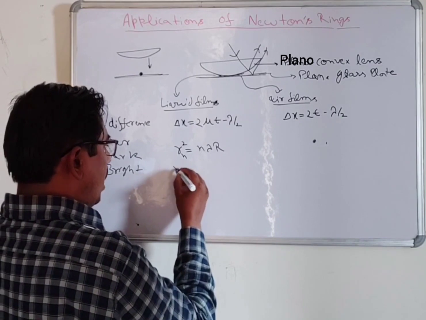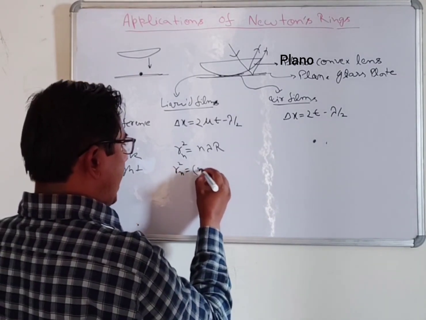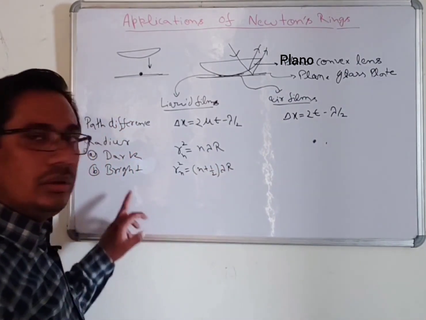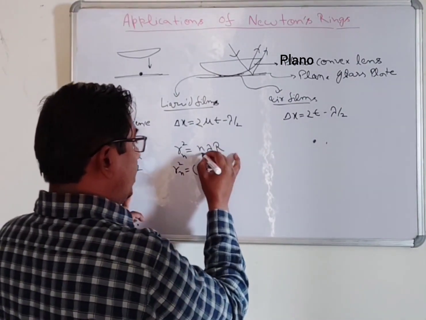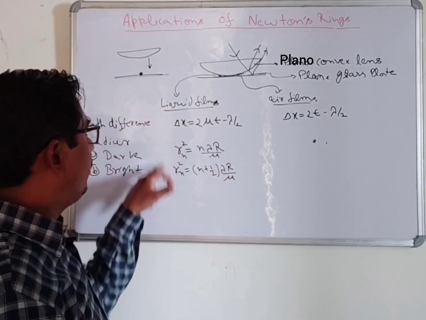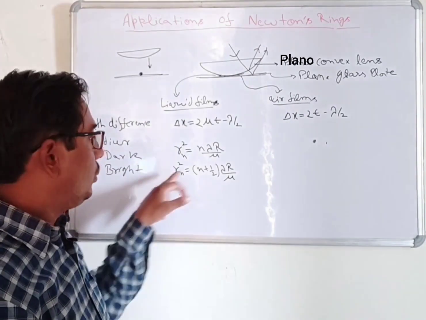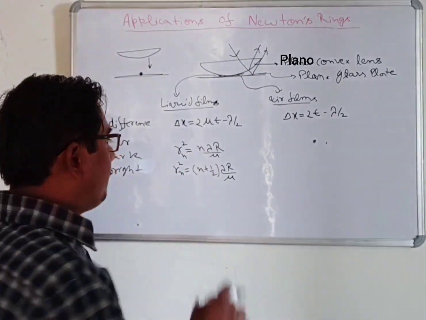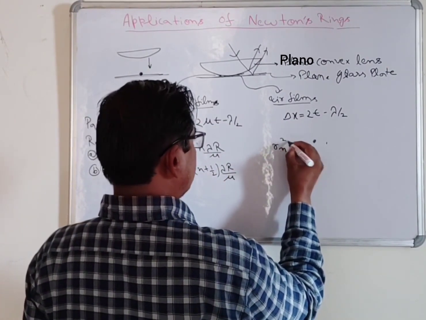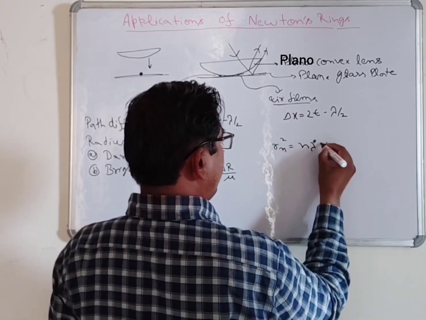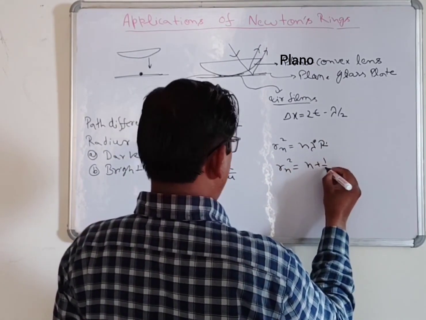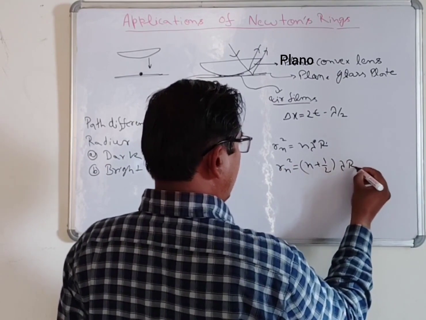For bright, r_n square is n plus half lambda R, and divided by mu also, because here I have written for the liquid film. But in case of air, mu is equal to 1. The condition for dark is n lambda R, and for bright n plus half lambda R.